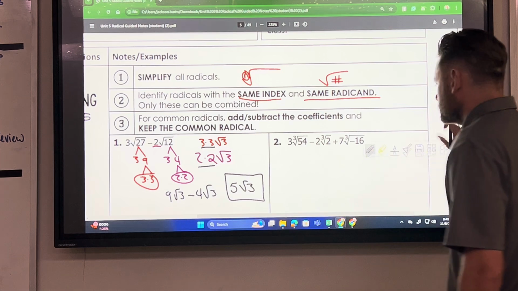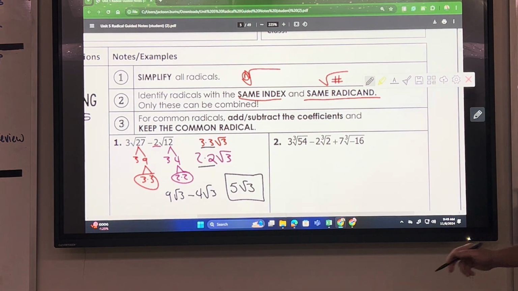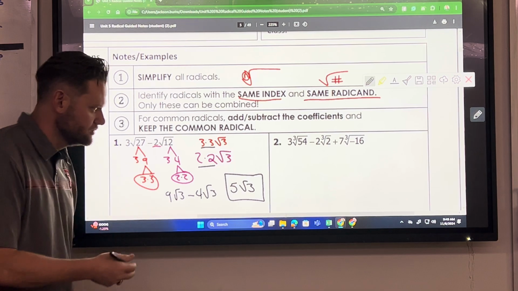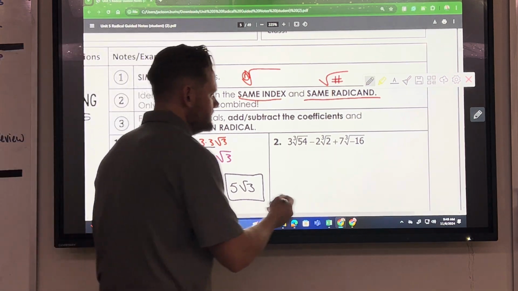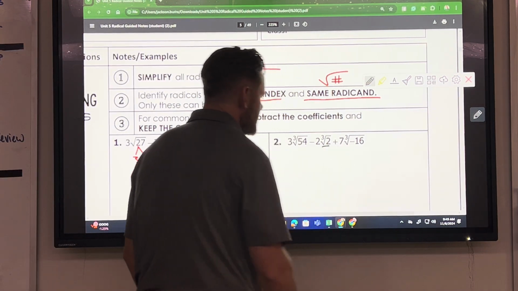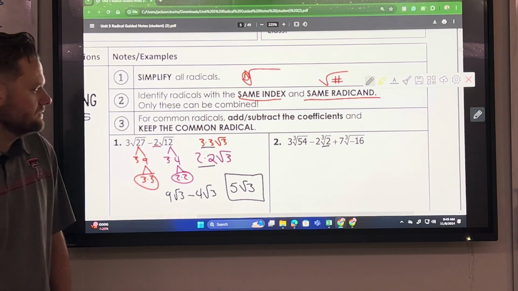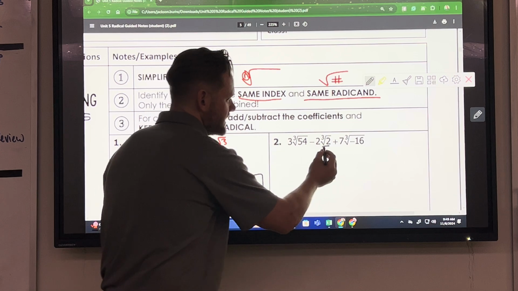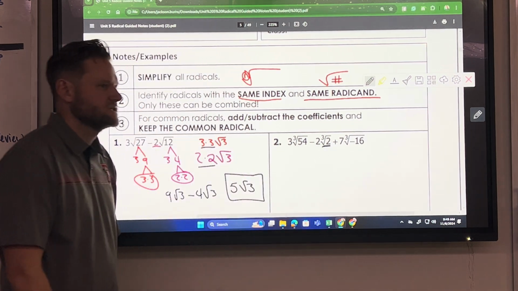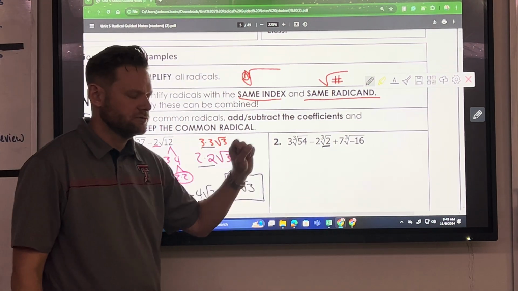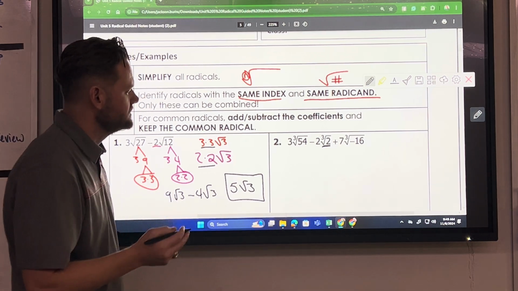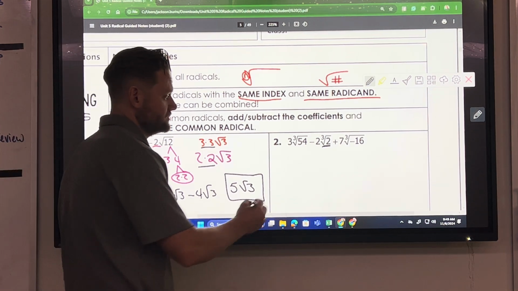All right. Now over here, on number 2, I'm dealing with cubed roots, right? I need to get all of these to the same radicand, right? They all have the same indexes, so that's good. But I still need to get them all to the same radicand. I know there's a 2 right here, so I'm probably going to get these all to the cubed root of 2.